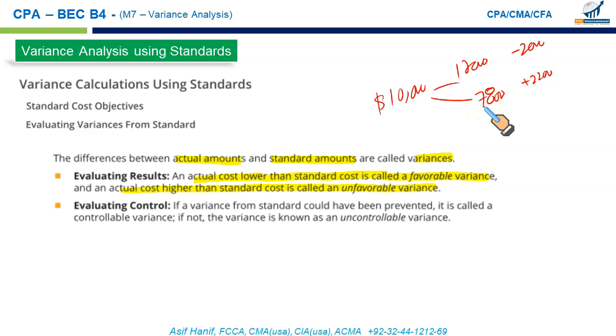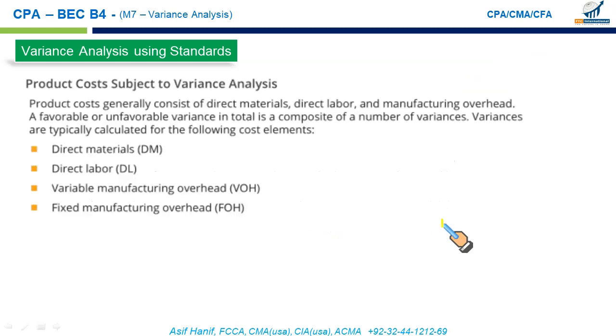right? Then next criteria, if the variance from standard could have been prevented by some particular manager, it is called a controllable variance. And if not, the variance is said to be uncontrollable variance. We'll discuss these as we go along. Our product cost under the US GAAP consists of 4 components: direct material, direct labor, variable manufacturing overhead, and fixed manufacturing overhead.